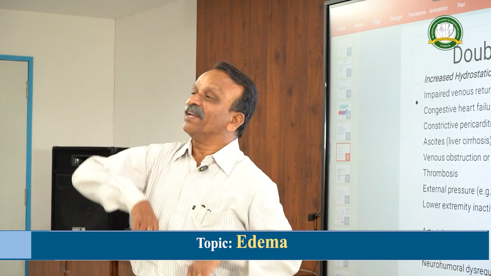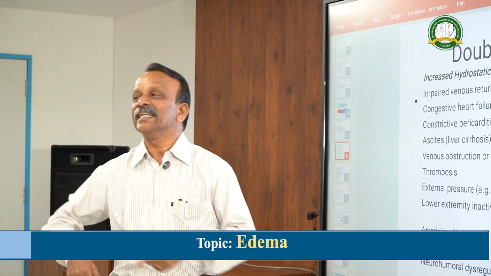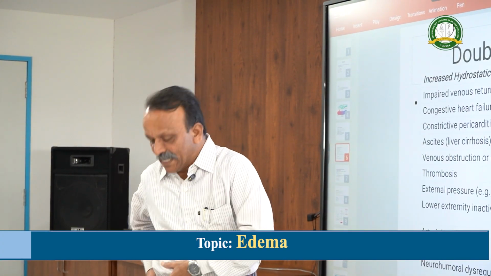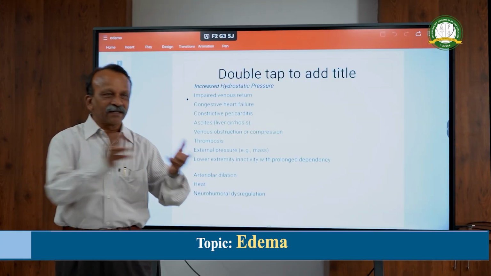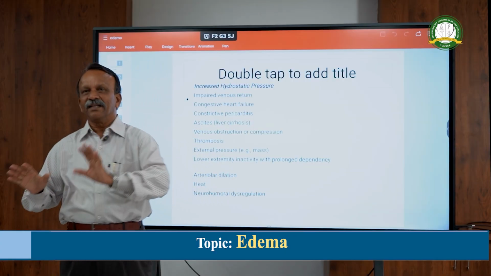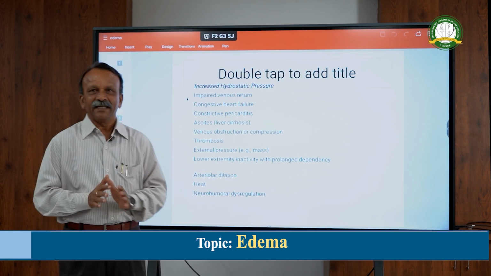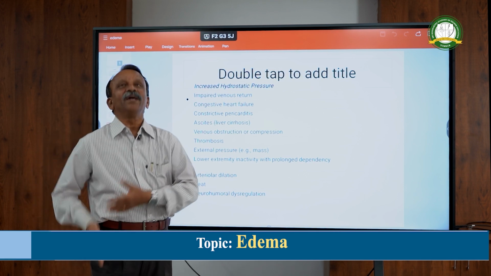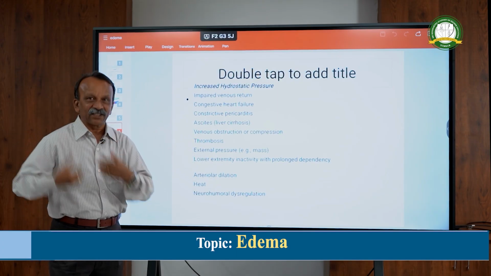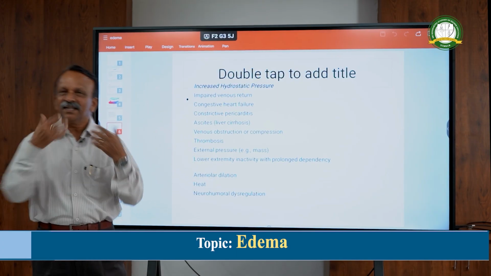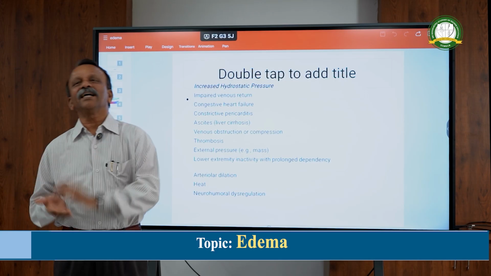So there is impaired venous return, resulting in a rise in the hydrostatic pressure and lower limb edema. You might have observed in your families, a pregnant lady will have lower limb edema. That is because of the external pressure on the pelvic veins, resulting in an increase in the hydrostatic pressure and lower limb edema.